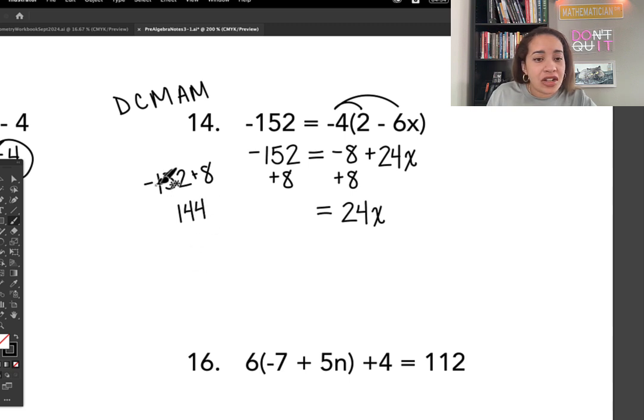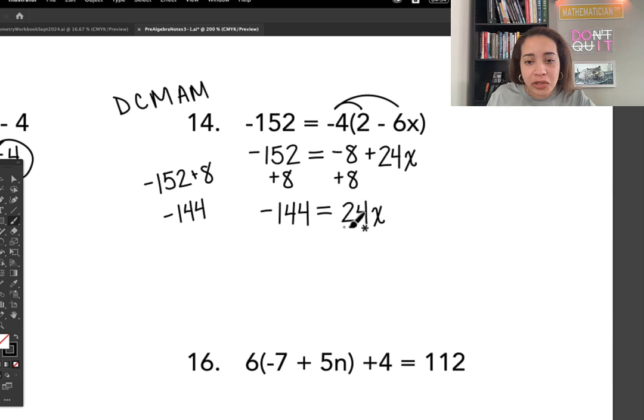So since our higher absolute value is negative, we do get a -144. If your instructor allows, you are welcome to use a calculator. Some of these numbers are getting big, and I had some trouble doing that one in my head. But it is -144, and our very last step is to divide.